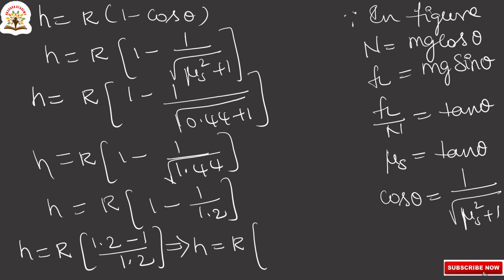Now we are substituting the r value, r nothing but 0.6, into 0.2 by 1.2. Now 0.6 into 0.2 becomes 1.2.